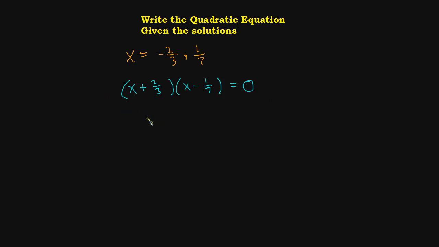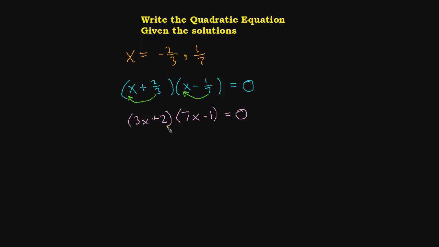If you want to get the answer right on a test, we have to take this 3 and slide it out in front of the x, and we'll take this 7 and slide it out in front of that x. When we do that, we will have the correct form of the quadratic. So this will be 3x plus 2 times 7x minus 1, and that equals 0.